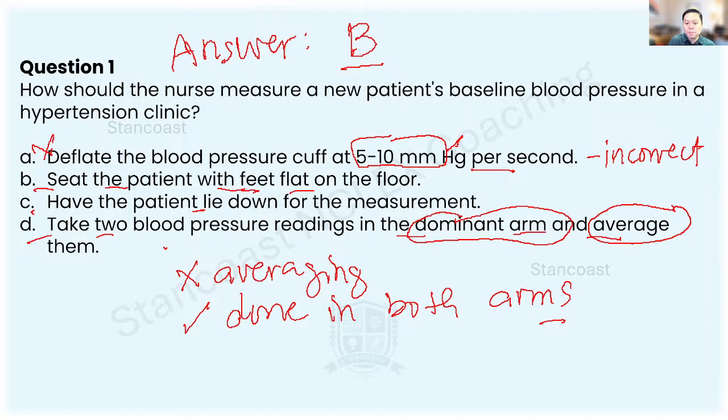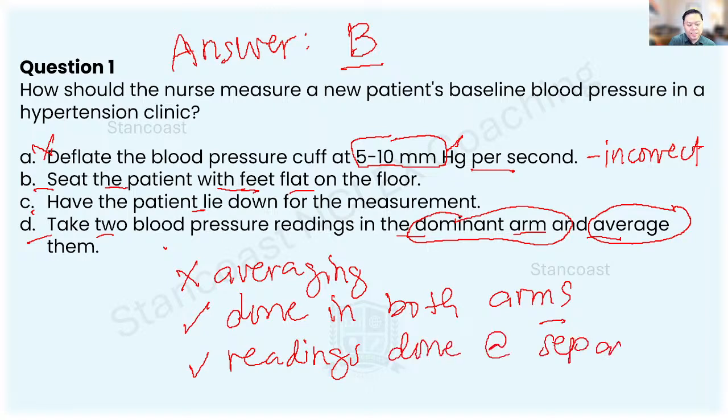You have to compare the readings in both arms, not just the dominant. And the readings just don't happen in one visit, okay? Readings will be done again. I'll just put here, readings done at separate dates, okay?